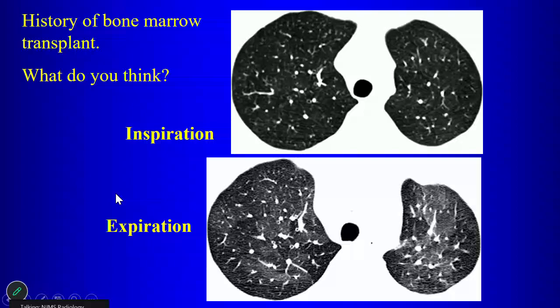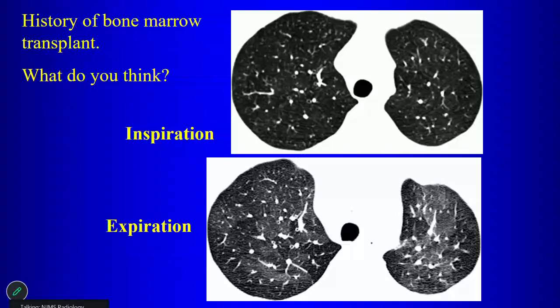So given this history, what's wrong? What does this patient have? Bronchiolitis obliterans. Yeah, so constrictive bronchiolitis or bronchiolitis obliterans, right? The manifestation of that air trapping might be the only manifestation of that on your CT scan. Given that story, what's the cause of the bronchiolitis obliterans? Graft versus host disease?